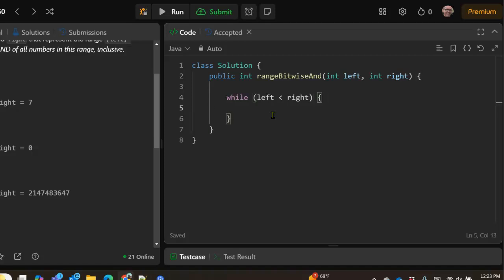And we are going to say right AND equals right minus 1. Now, all these numbers are in the range, and we're just trying to find out what bits they have in common, and what bits they do not have in common.